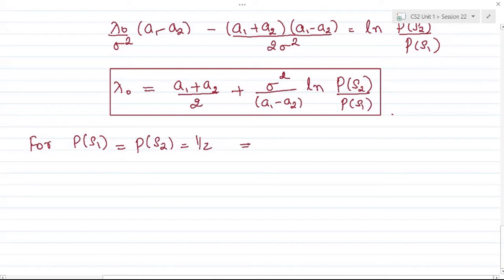So this gave us lambda naught simply as, we'll call it tau, the mean value of a1 plus a2 over 2. The threshold becomes the crossover point for the symbols if they are appearing equally likely. If they are not, then it will have an offset which depends on the probabilities of the individual transmitted symbols. So you can replace this with tau as well if you wish. Otherwise, this can be retained as it is.